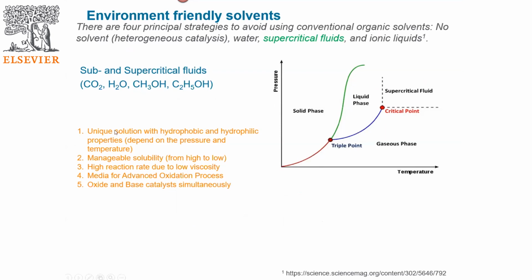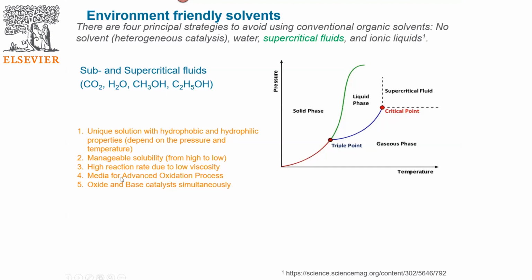The advantage of this solvent is its unique solution with hydrophobic or hydrophilic properties, which can be regulated by pressure and temperature. Also by pressure and temperature, you can manage the solubility of different compounds. The viscosity above the critical point is very low, so the reaction rate is very high.